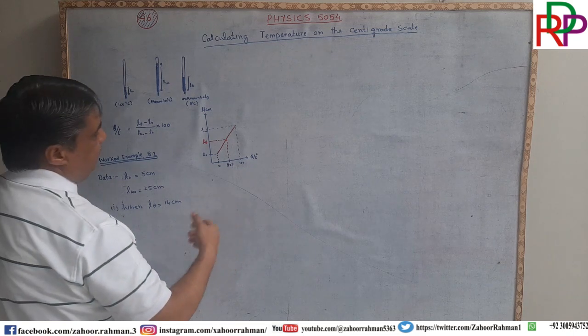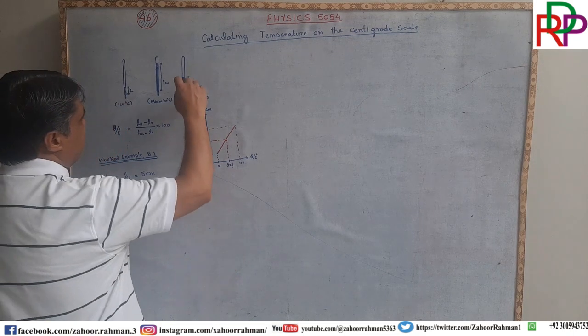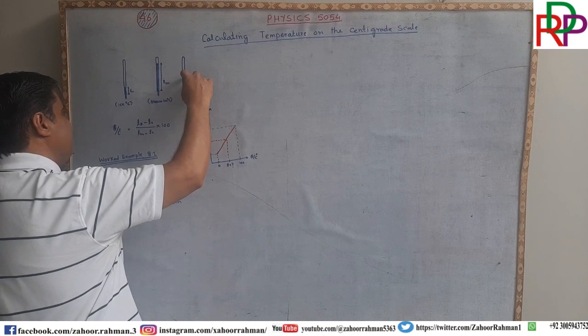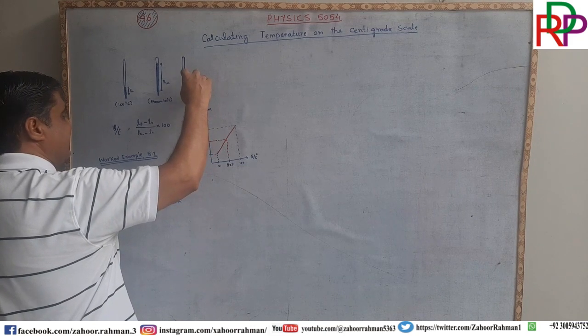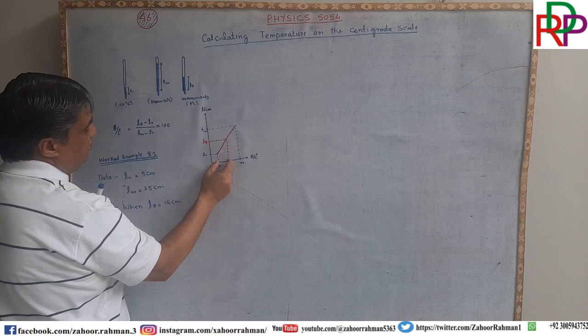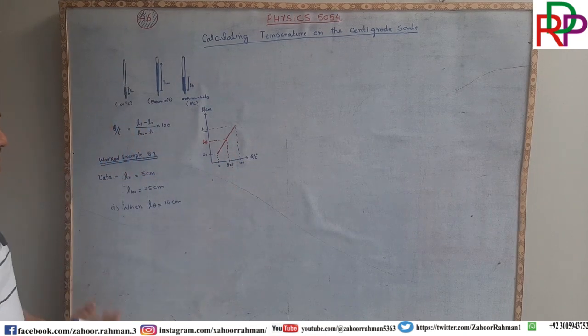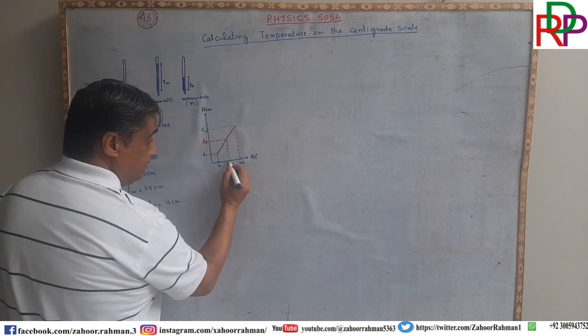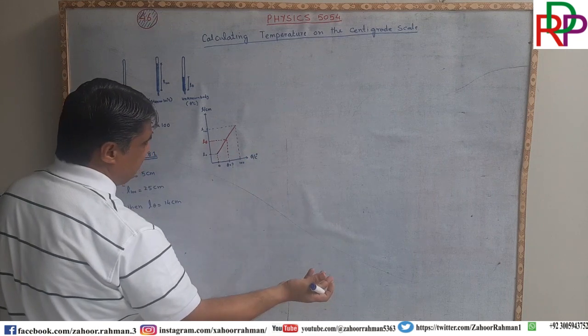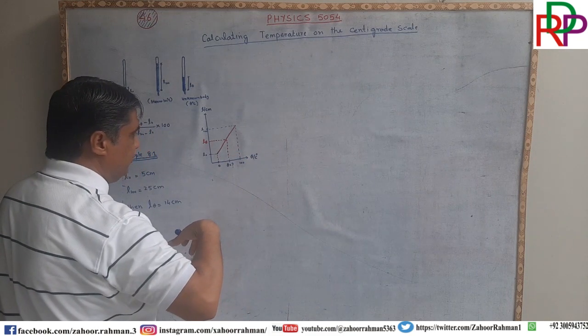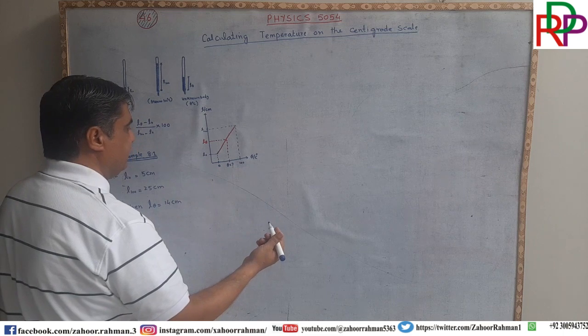So if we want to find the temperature and we measured the length here, from 0 we have to mark that length. For example, we mark it is 94 or 96 or 84 or whatever.